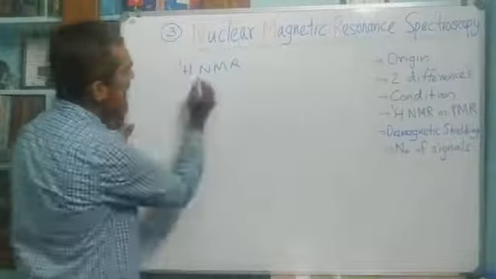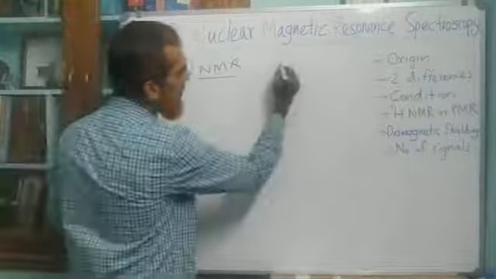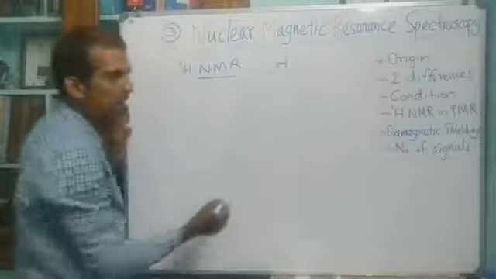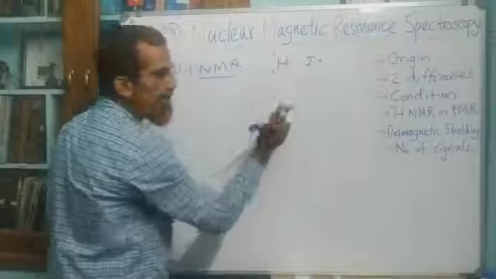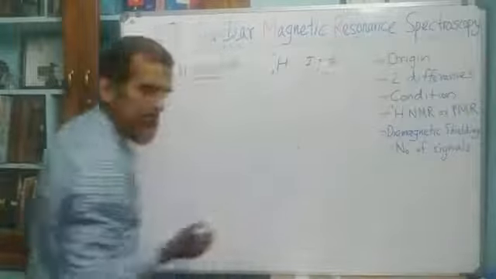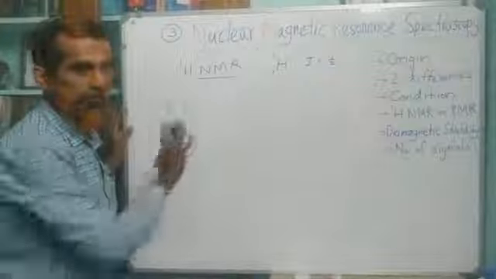So what about H1 NMR? What is the principle of H1 NMR? The nucleus under consideration here is H1. The I value of a proton, or hydrogen nucleus, is simple, it is half. Henceforth we will call the nucleus of hydrogen a proton for our discussion.